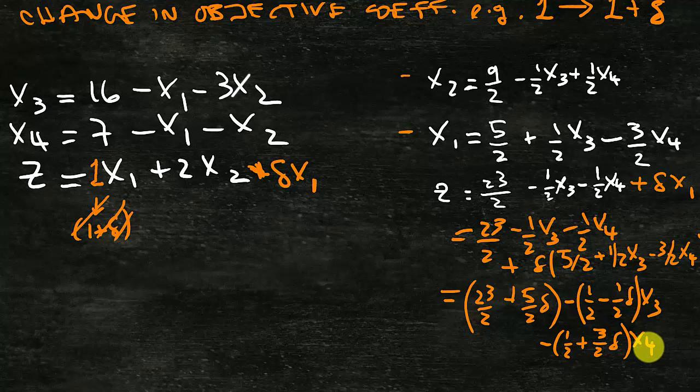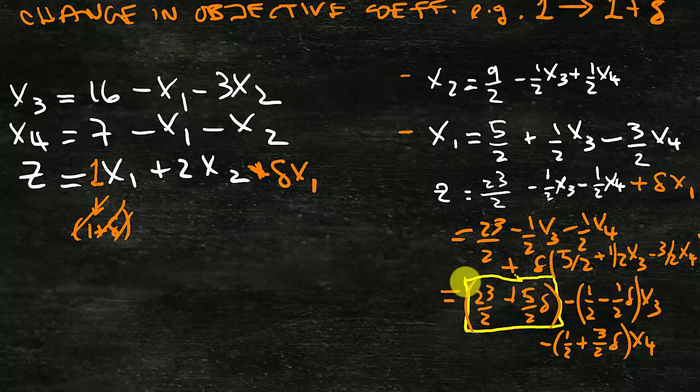Well, what we see right away is that as delta is increased or decreased, if we get more revenue or profit per chair than $1, then we're going to make 5 halves more profit.